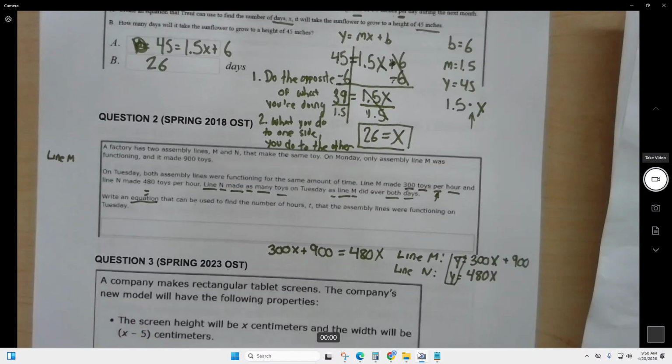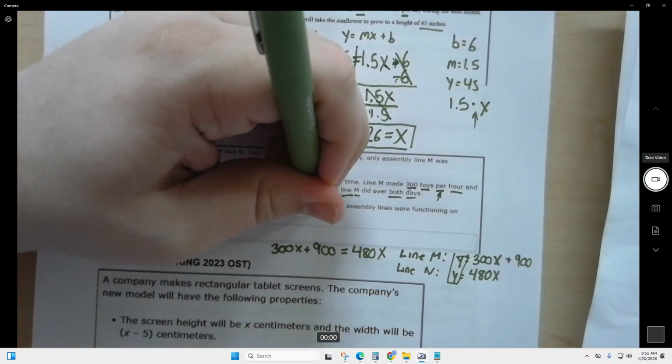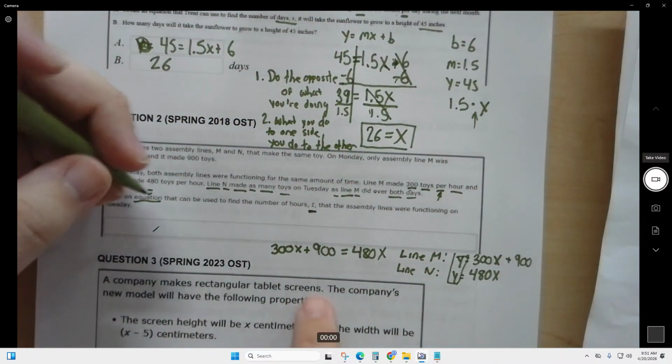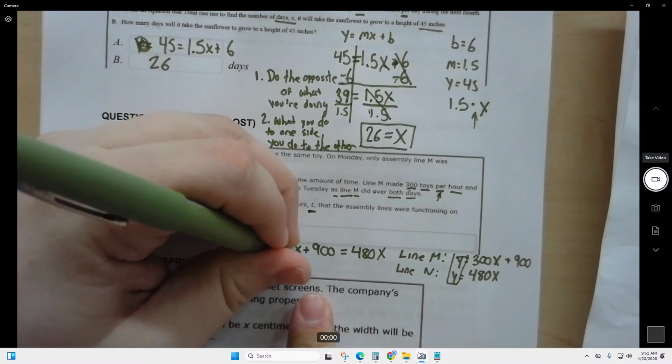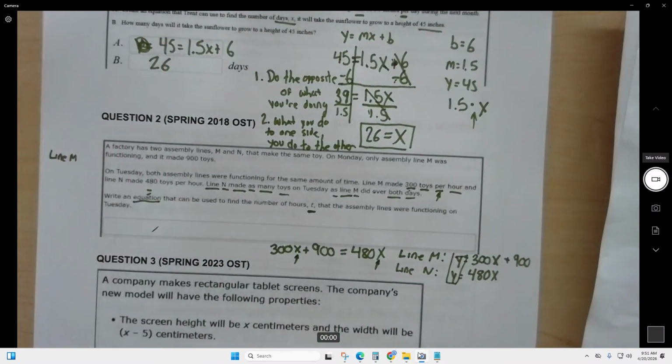Now, there is one trick to this question. It says write an equation that can be used to find the number of hours T. T in this case representing time. Okay? You cannot put this exact equation because you cannot put x, because they tell you what x is.